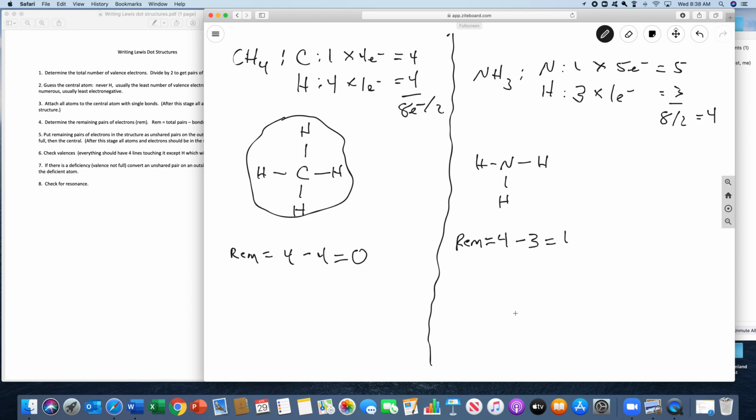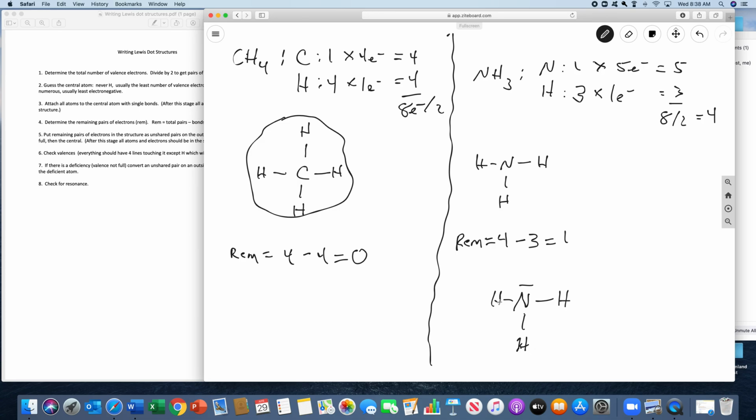I'm going to draw it down here so you can kind of see what I've done. So I'm just going to redraw it. Now I'm going to put this pair of electrons just there. It's not shared. It's an unshared pair. All right, now we're going to check everything's in the structure. Now we're going to check the valences.